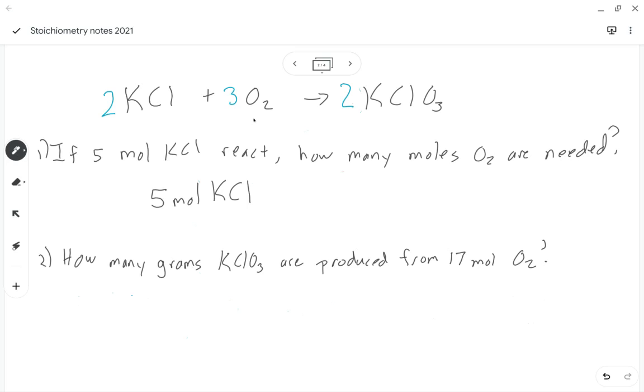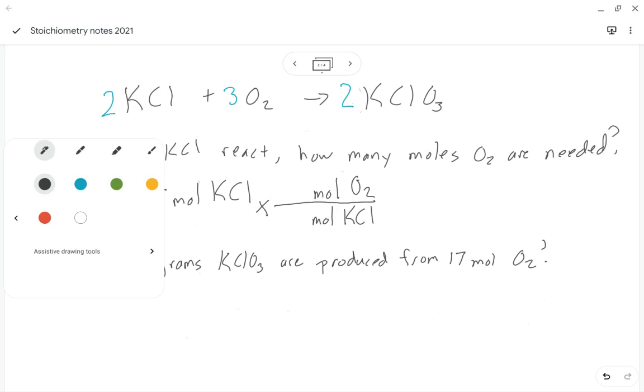To help us keep everything straight, we set up a little conversion where we take what we're starting with, which is KCl, and put that on the bottom, and we put what we're trying to find, which is moles of oxygen, on top.